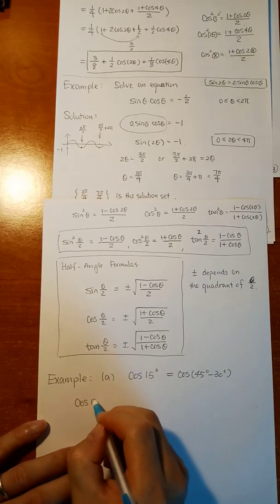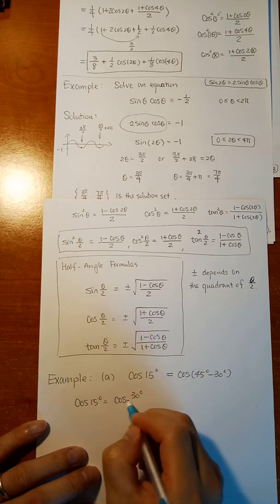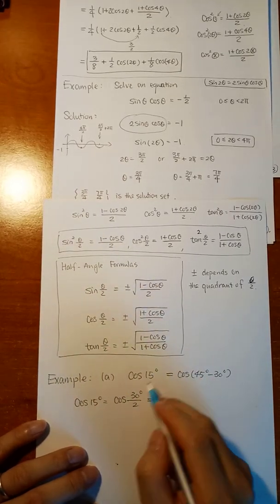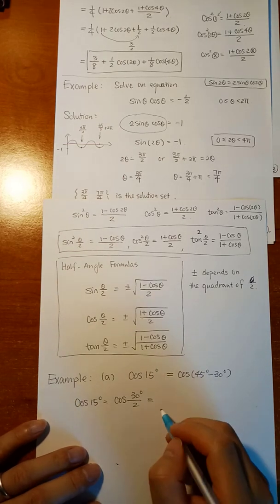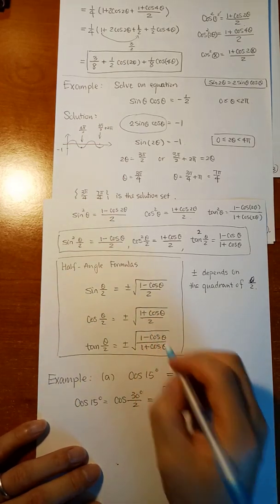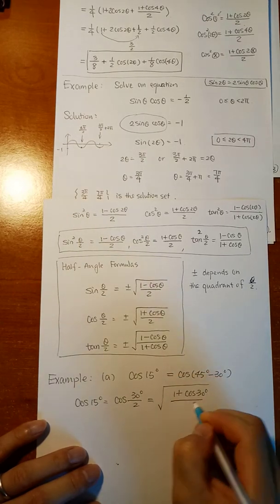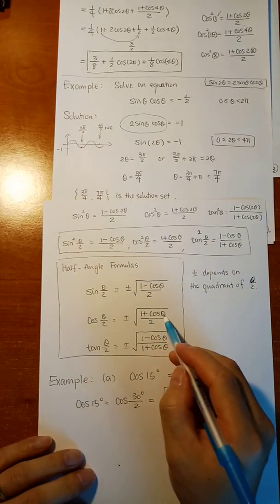So cosine 15 degrees is cosine of 30 degrees over 2. So theta is 30. And 15 is in the first quadrant. It's positive, so you're going to take a positive square root. And so, 1 plus cosine 30 degrees over 2.